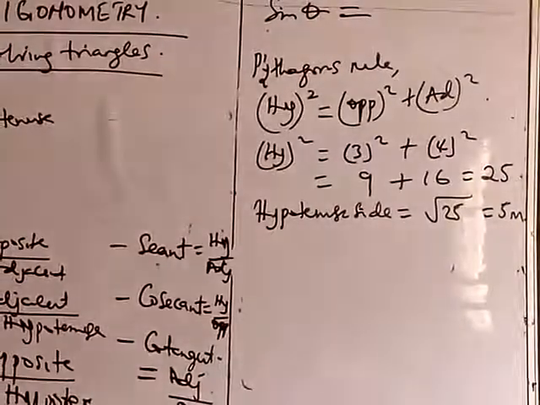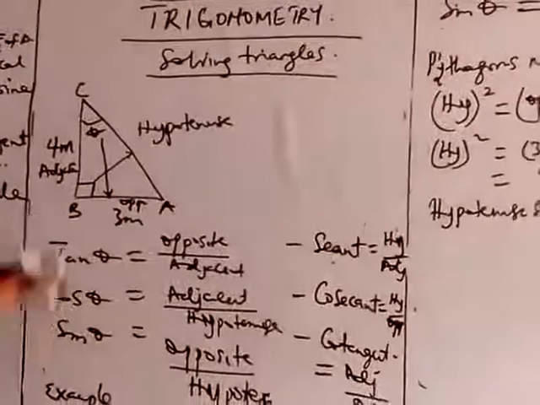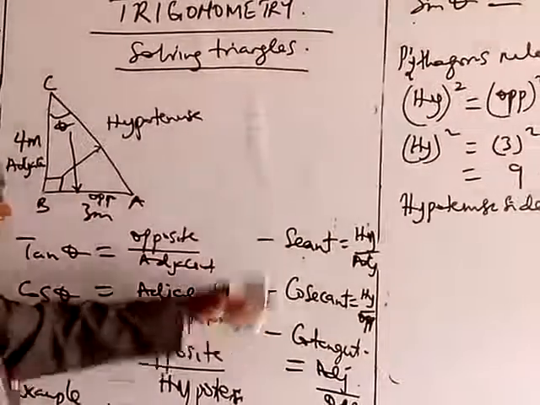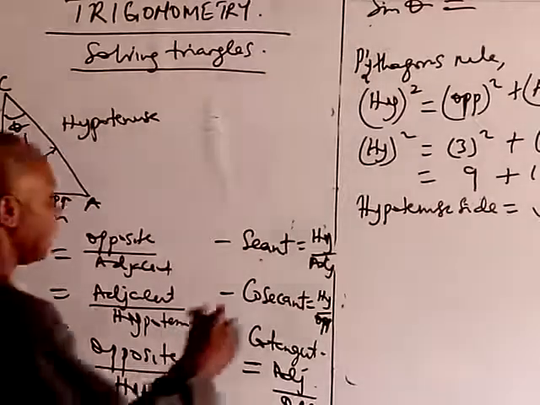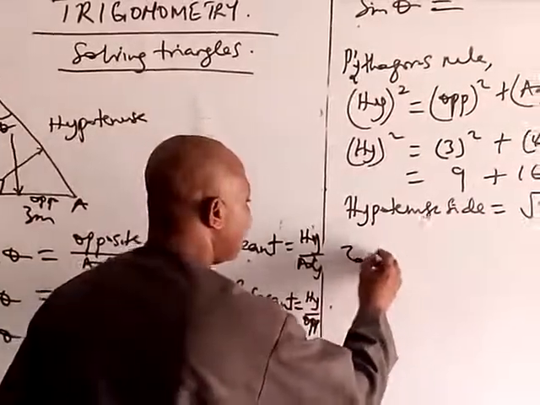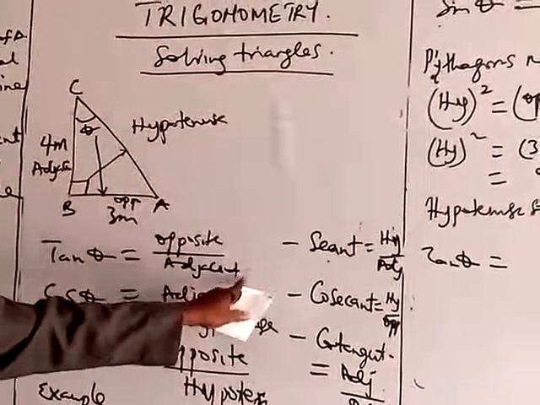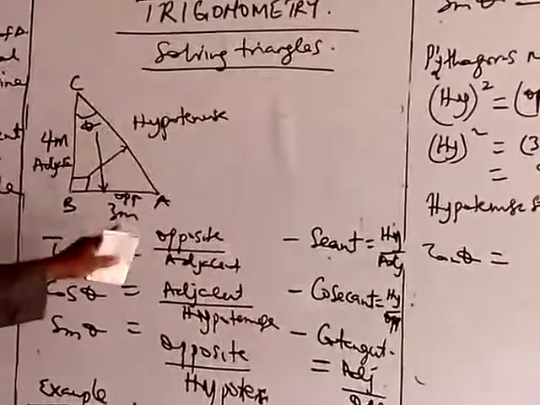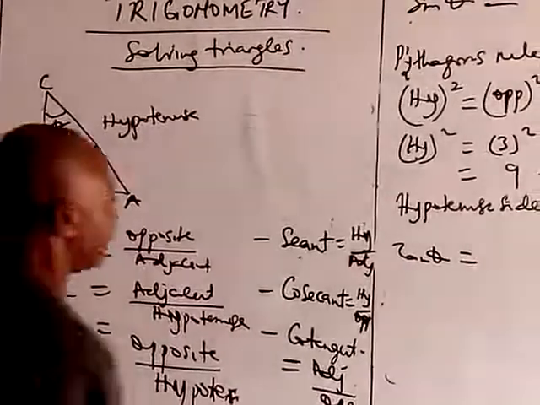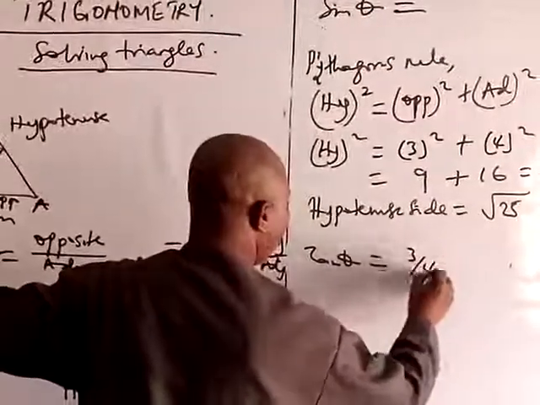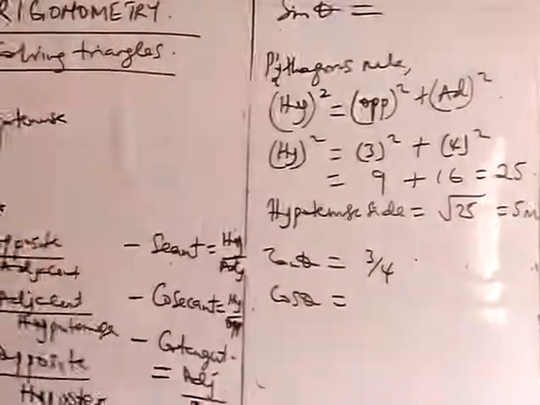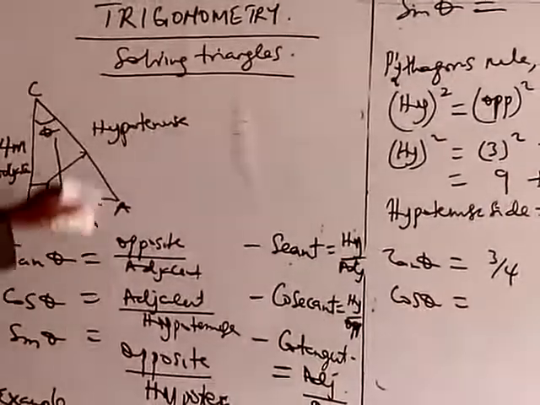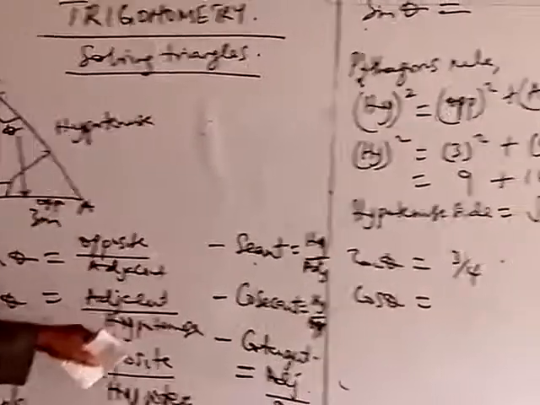Now, to find the ratios of tan, cosine, sine, secant, cosecant, cotangent from this diagram, my tan theta, tangent of angle theta, will be opposite side all over adjacent side. The opposite side is 3, adjacent side is 4. So you have 3 all over 4. For cos theta, it is adjacent side all over hypotenuse side.